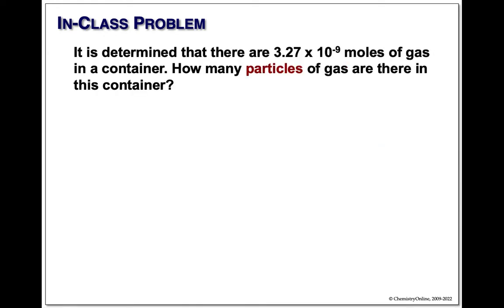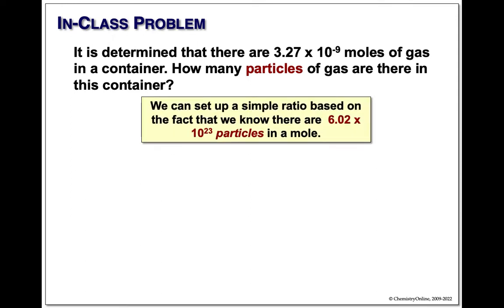We have 3 times 10 to the minus 9 moles of a gas. Doesn't matter which gas, does it? How many particles is that? Again, we're going to use Avogadro's number, and our given is going to be the number of moles. Just go ahead and set it up.